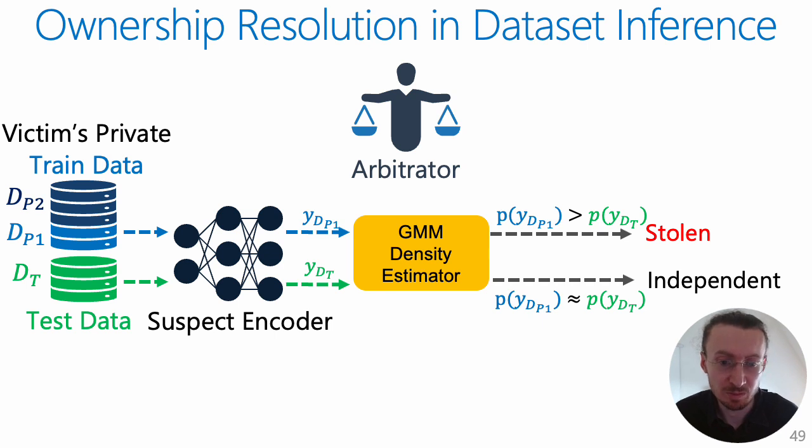The consequence is that if the victim would just query some suspect encoder, the adversary could claim ownership of this data because of collecting the data from the queries from the victim, and then, for example, further fine-tuning or retraining the encoder on the respective received inputs. So this is why the arbitrator was introduced, to make sure that in court cases this ownership, who a given encoder belongs to, can be easily resolved.